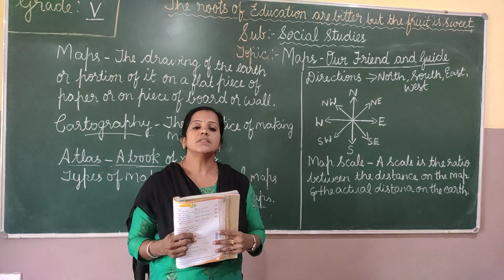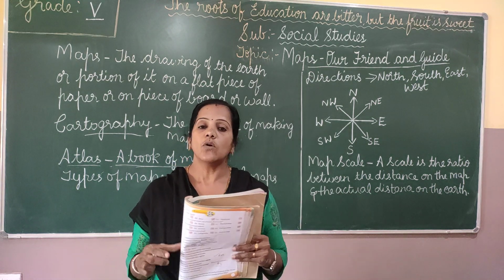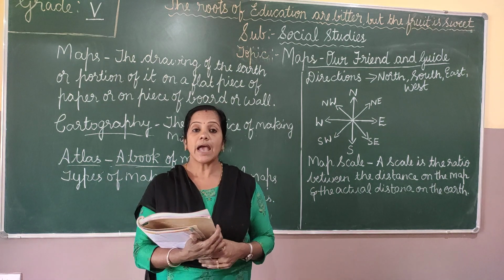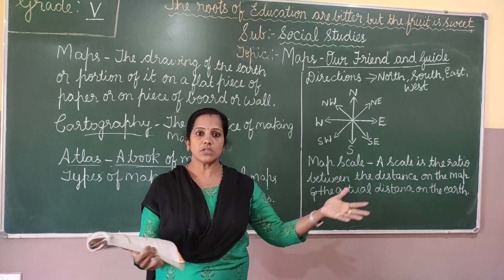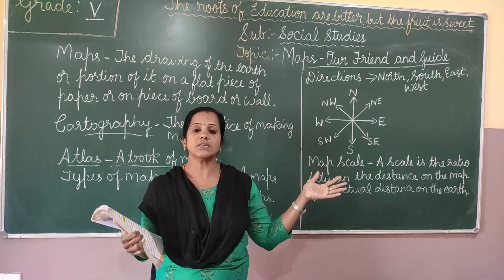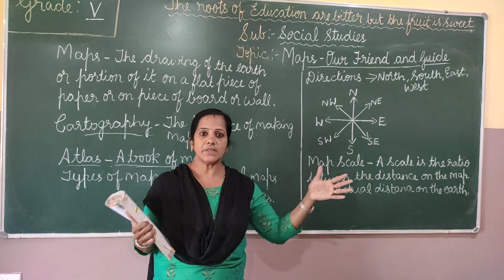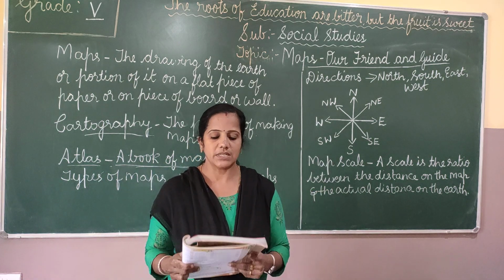It is very difficult to scale the earth as it is very big. It is not possible to show the actual size of the earth on the map, is it? We cannot show the actual size because the earth is very huge. No, it is not possible.